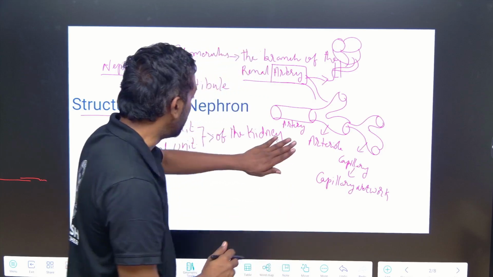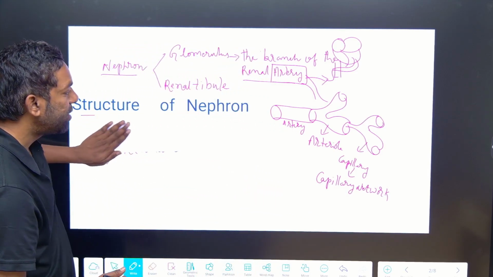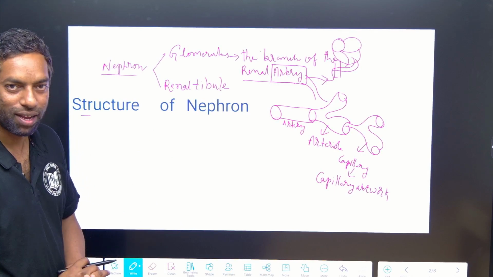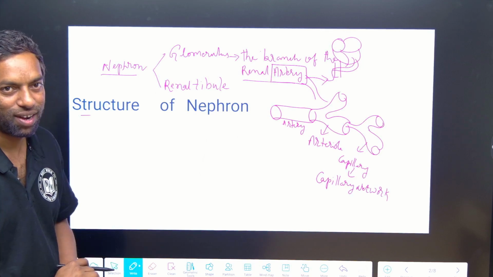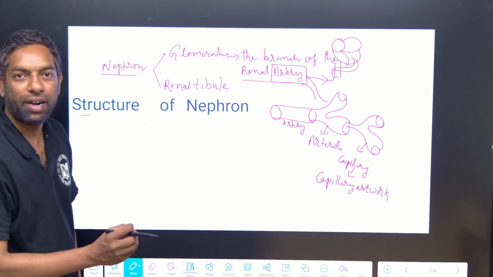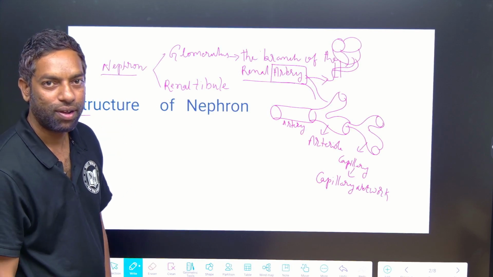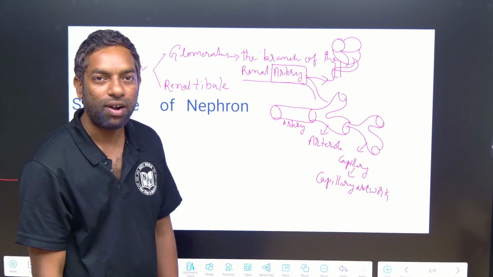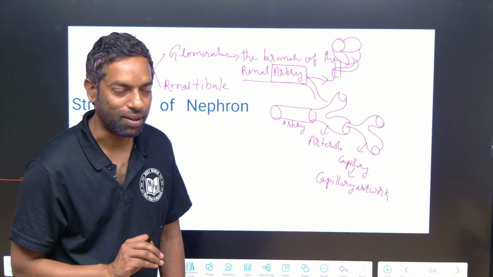Where is it located? In the kidney, in the nephron. A capillary is divided from the arteriole, and the arteriole is divided from the artery, which is the renal artery.